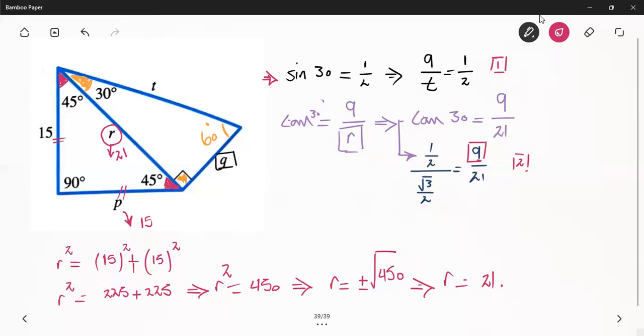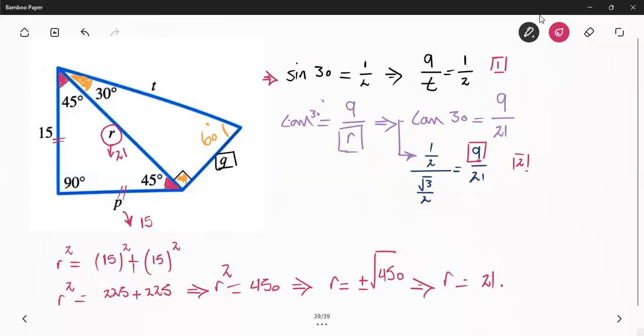Look at this one. If I use sine 30, I have the opposite over the hypotenuse, which is Q over T, equals 1 over 2, because sine 30 is a very popular ratio. But look at this: I'm looking for Q, but I'm stuck with the number T. I have one equation with two unknowns, which is impossible.